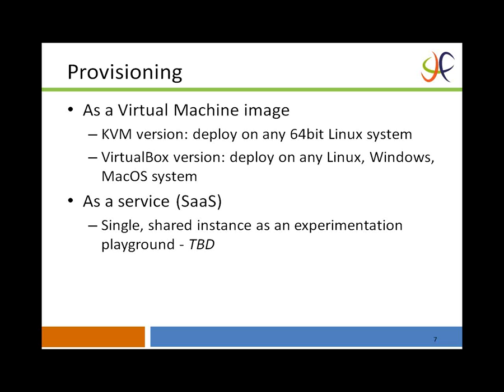Basically, the difference is that with VirtualBox you can deploy on any host, Linux, Windows, or even Mac, while the KVM is more restricted because it is a standard Linux extension. You need a 64 bits Linux system to operate this. But we provide an image in this format also because it is a standard format used in several cloud infrastructures, like, for example, OpenStack.